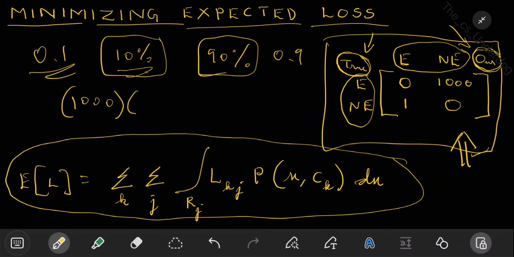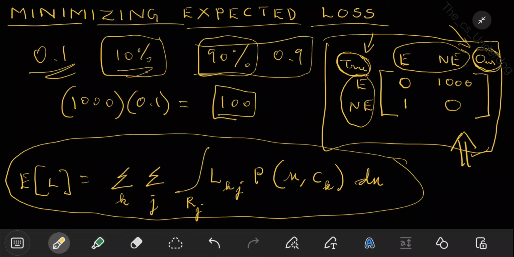And let us say for this 1000 loss, even if it is a 10% probability, in which we are saying not an enemy, but it is actually an enemy, that 10% will give a total value of 100, right? But what about this 90% value?